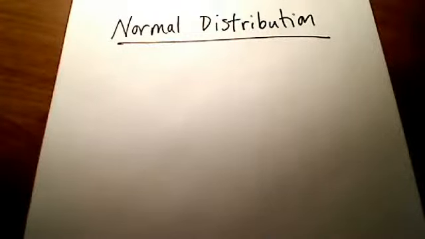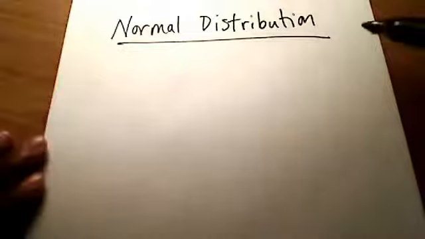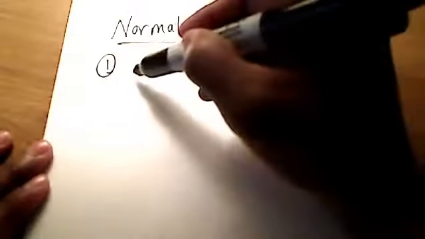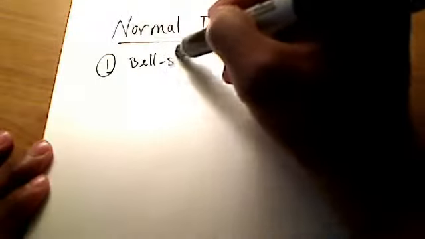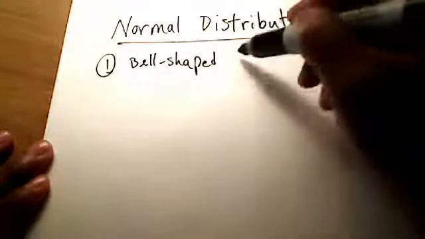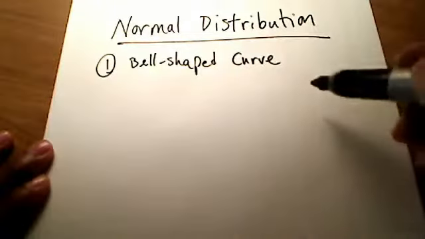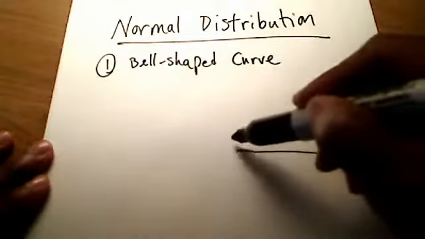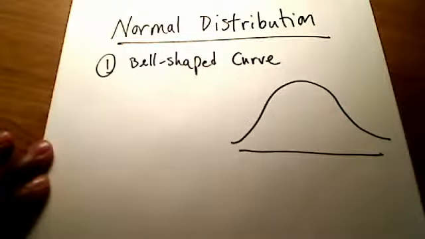Alright, I want to show you what a normal distribution is all about in statistics. There are three things that should come to mind when you read the words normal distribution. The first thing is that you have what's called a bell-shaped curve that basically looks like this right here.